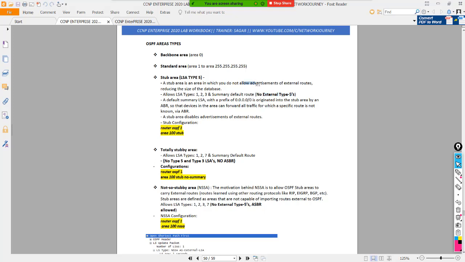There will be no external routes, the routes learned from other protocols like BGP, EIGRP, just to reduce the size of the database. So a default summary LSA with this prefix will be put up in the case of a stub area, because they still want to reach the external routes, but they don't want the individual routes to be learned.